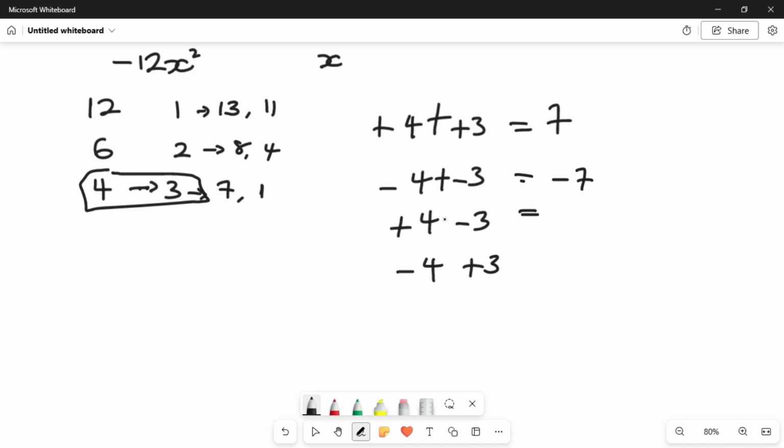If I add this, that's 4 plus minus 3, that is going to give us 1. Then here, if you add minus 4 to plus 3, we are going to have minus 1. So out of all this, which one is giving us 1? That is this, okay? So that means we have plus 4 and minus 3.